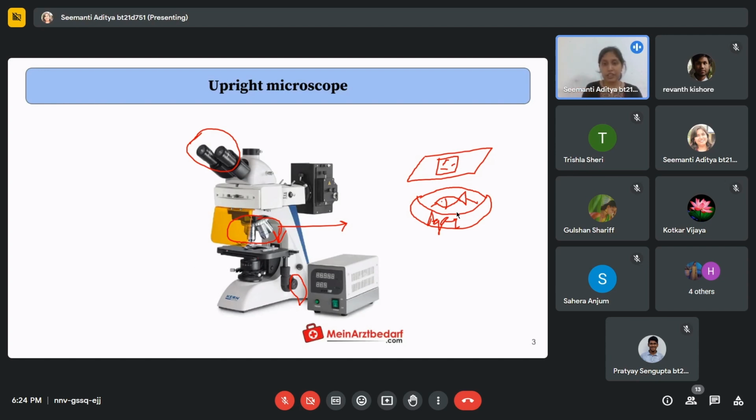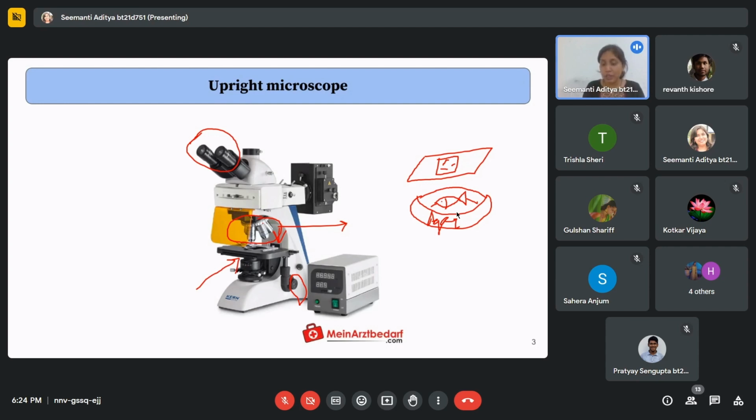We keep the fish, not the fish but the embryo of the fish. The small embryo of the fish, we put it in agar, place it on this stage, and then we shine light from below. The light is coming from below the microscope, and with the objective we have to focus it.